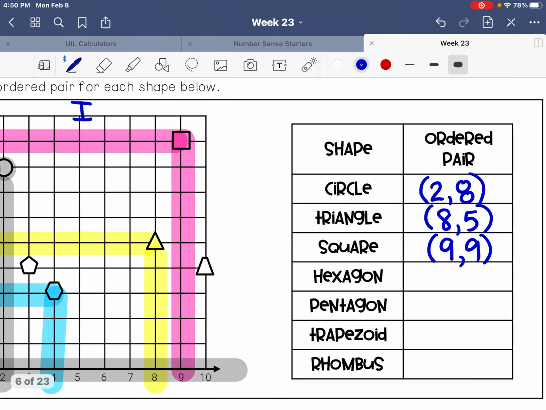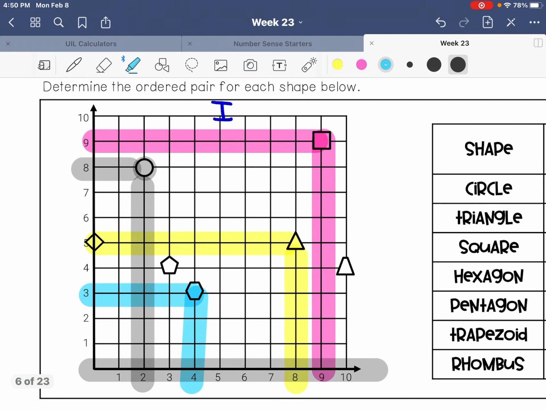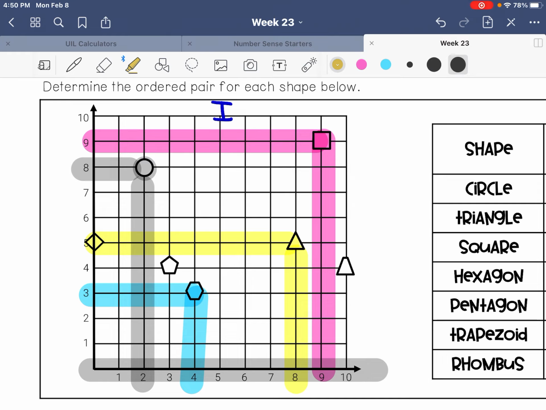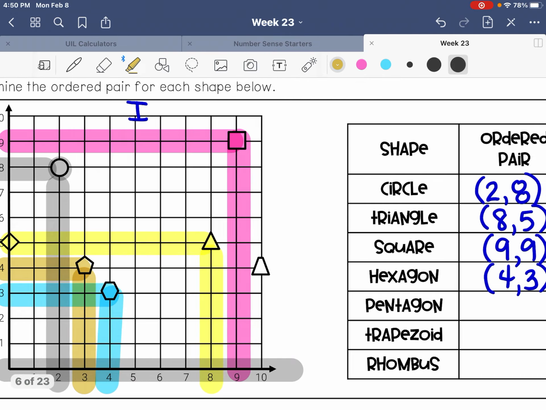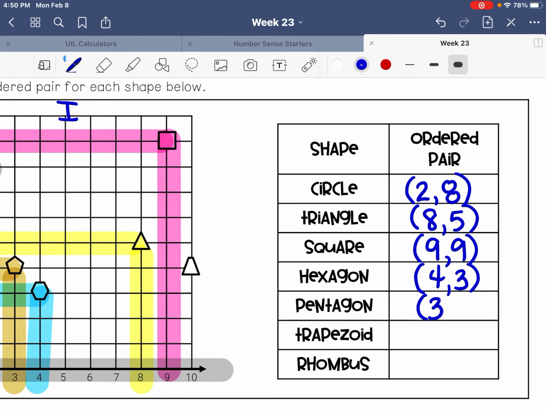So we write that ordered pair as (4, 3). Now we have a pentagon, the 5-sided figure. The pentagon is located at the coordinate 3, 4. So that ordered pair is written as (3, 4).